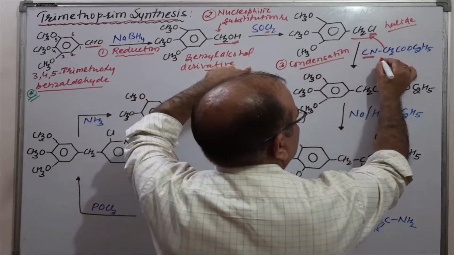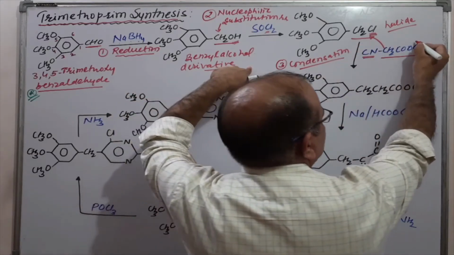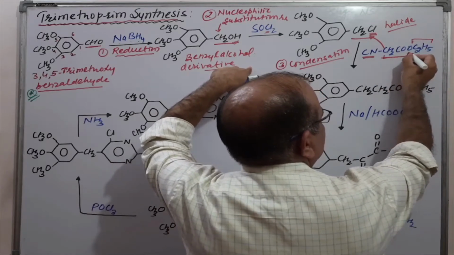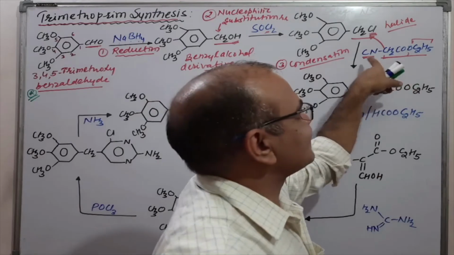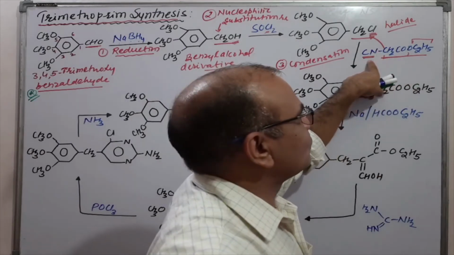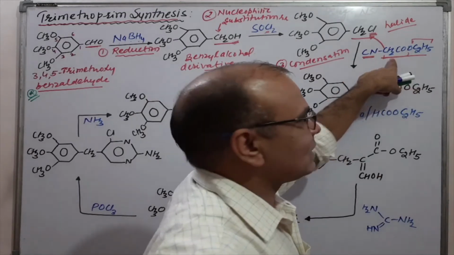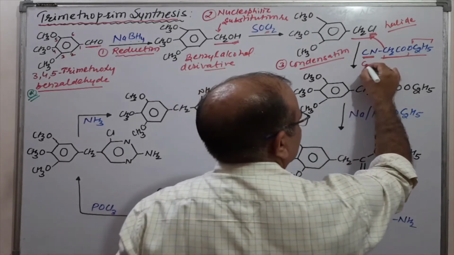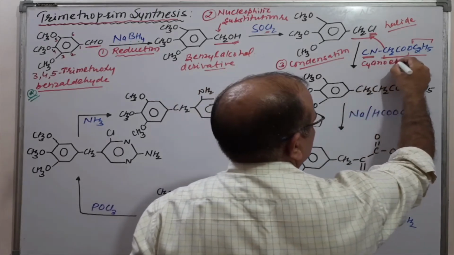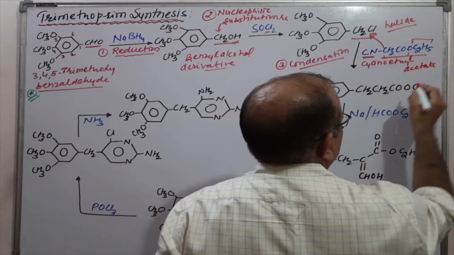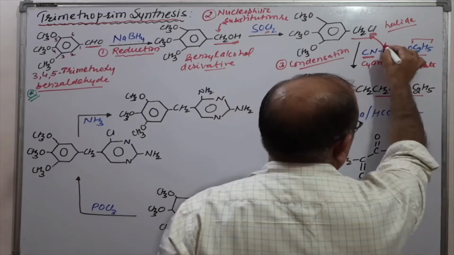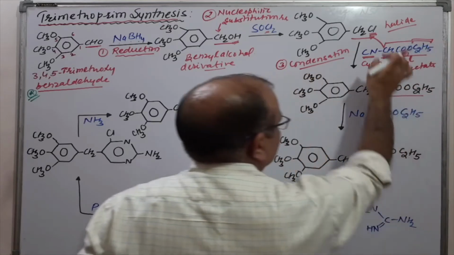This is ethyl, and this is an ester, meaning ethyl acetate, cyanoethyl acetate. Okay, I must write the name, cyanoethyl acetate. This part is attached to this part, and chloride will be removed.